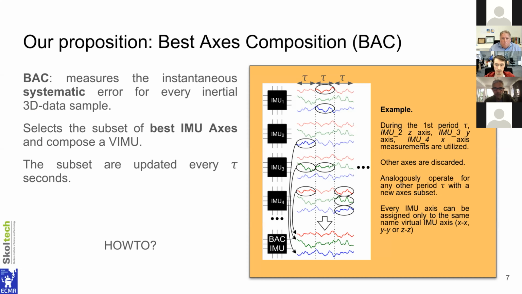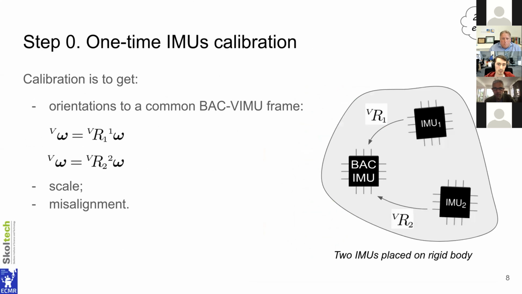This is a two-step approach, but first of all, step zero is IMU calibration in order to gather relative orientation between real sensors and our virtual IMU. During calibration, scaling and misalignments are also provided because we have cheap, non-perfect IMUs.